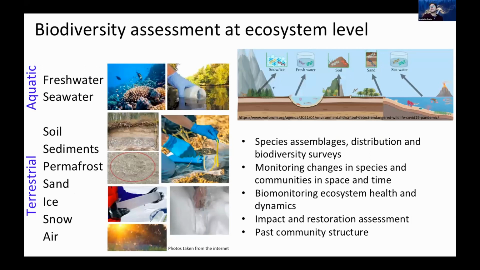Today, we use eDNA for biodiversity surveys in both aquatic and terrestrial ecosystems with a variety of sample sources, and to describe species assemblages, monitor biodiversity in space and time, and also the health of the ecosystem, because we can also detect parasites or agents of diseases. And we can also evaluate, for example, the impact on biodiversity of anthropogenic actions or of restoration policies.